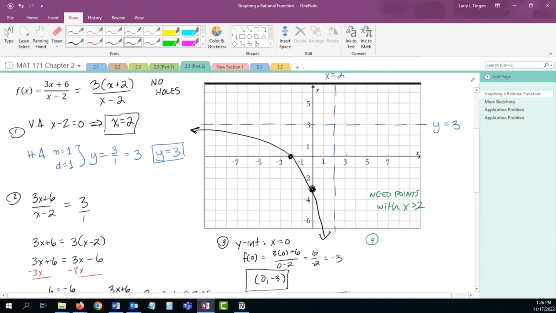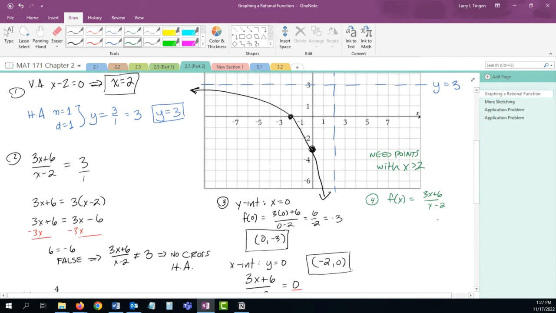So the last step, I need to get some points for when x is 3, 4, 5, 6, 7. I can do any numbers that I want to. Let's look at our original equation and try to make our lives easy. So remember, f of x is equal to 3x plus 6 over x minus 2. If I can pick any numbers I want that are greater than 2, I'm going to pick numbers that are going to come out nice.